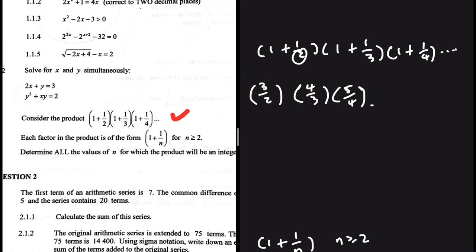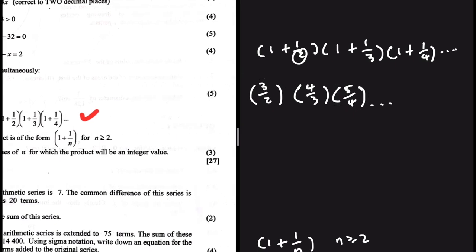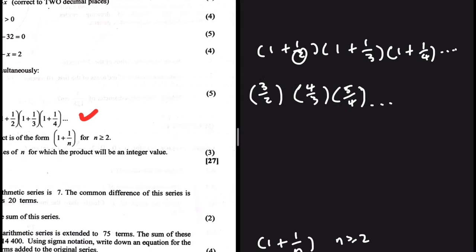And then this pattern goes up until 1 plus 1 over n, right? Of which we do not know. So the last term here that we have is 1 plus 1 over n. But we can also rewrite that term.